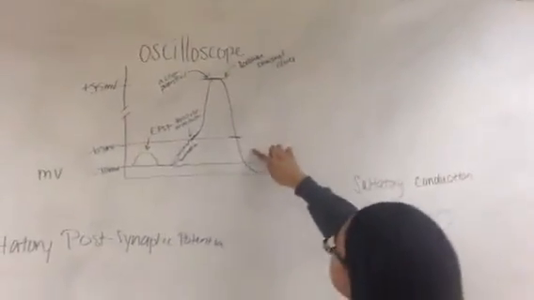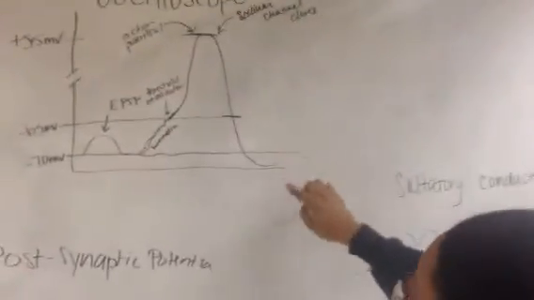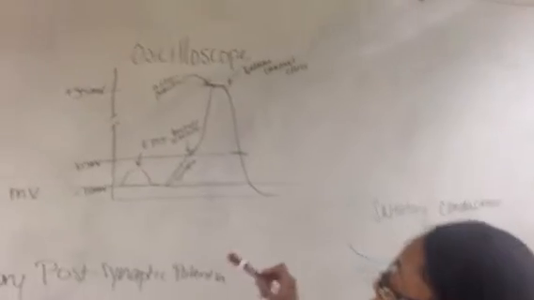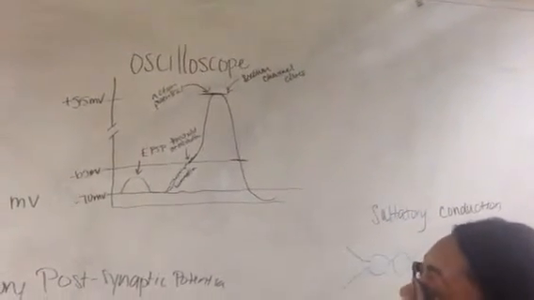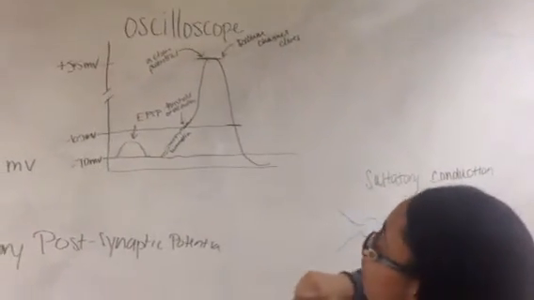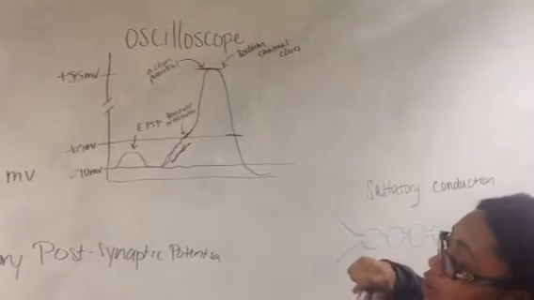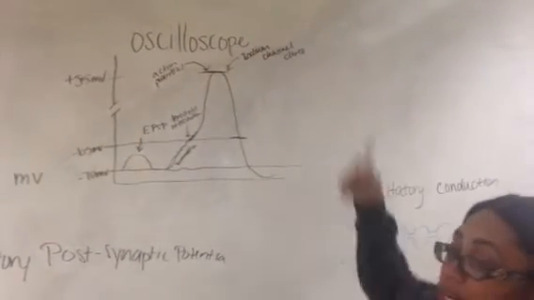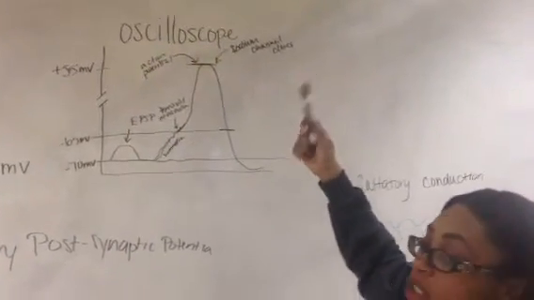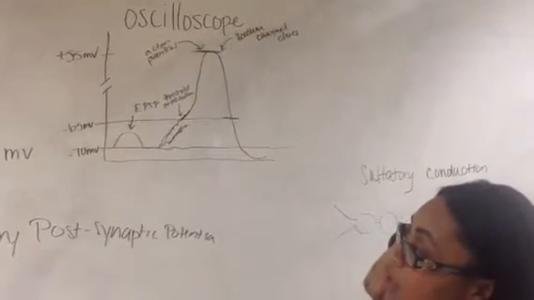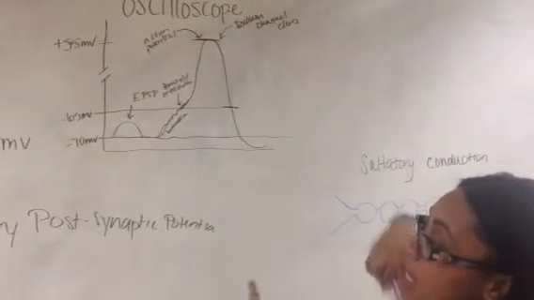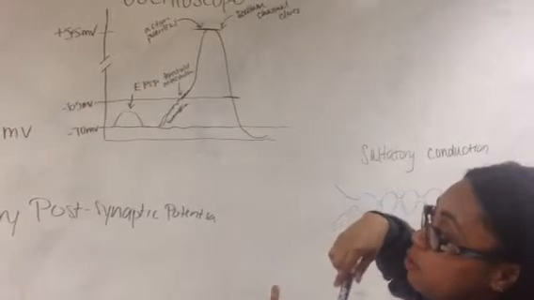And what this does is, initially when potassium leaves the cell, it causes hyperpolarization, which is a decrease on the oscilloscope. So now we have the initiation of a sodium-potassium pump, which basically pumps sodium outside of the cell because sodium has a high concentration on the inside and it's trying to get to equilibrium, and so is potassium.